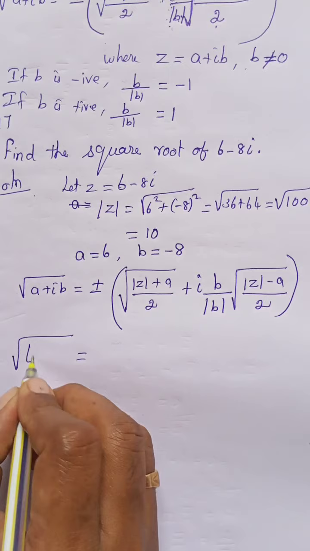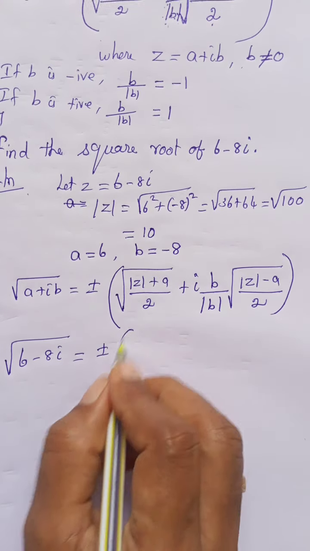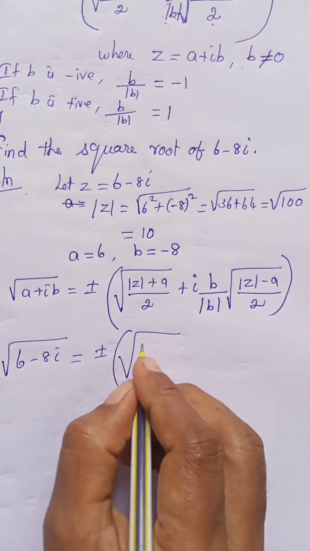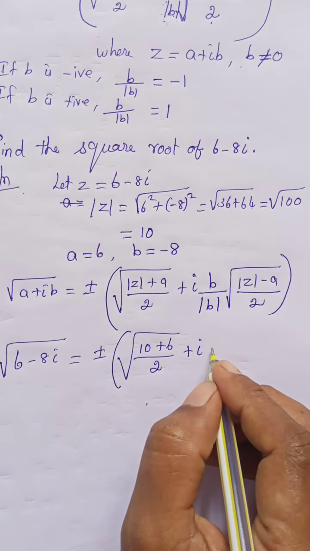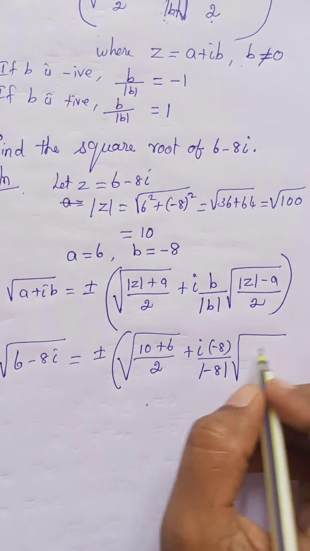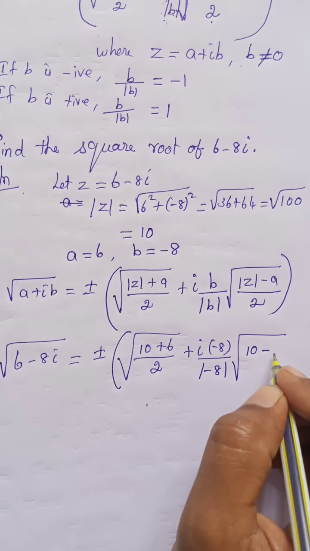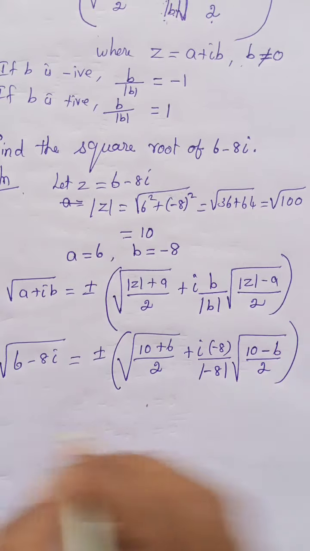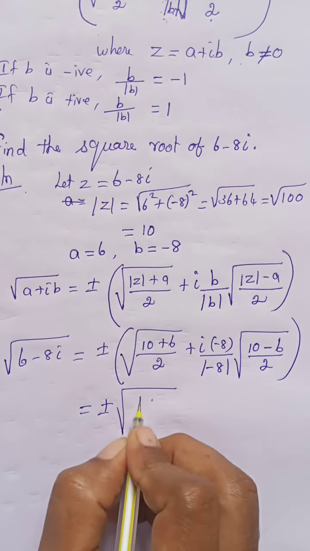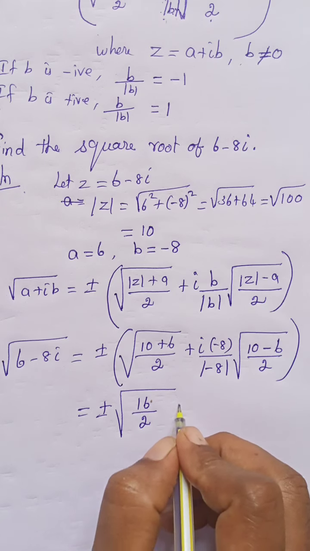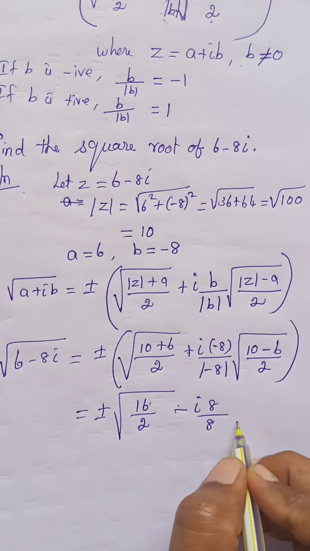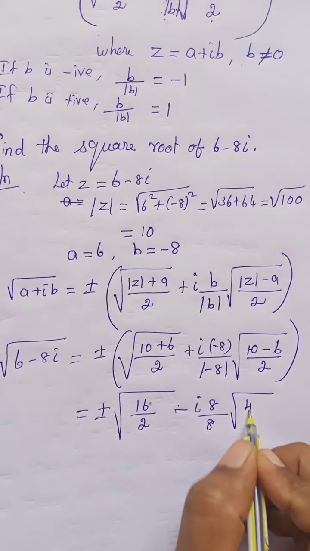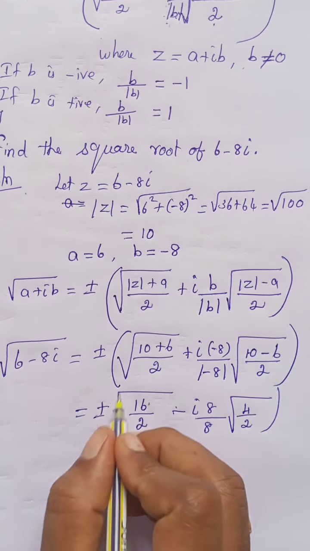Now substitute the values. We need to find root of 6 minus 8i, which is plus or minus root of modulus z, 10 plus 6, divided by 2, plus i into minus 8 by modulus of minus 8, into root of 10 minus 6 divided by 2. This is plus or minus root of 16 by 2, minus i into 8 by modulus of minus 8, which is plus 8, into root of 10 minus 6, that is 4, divided by 2.